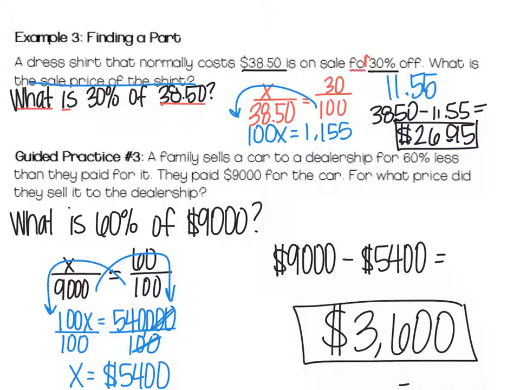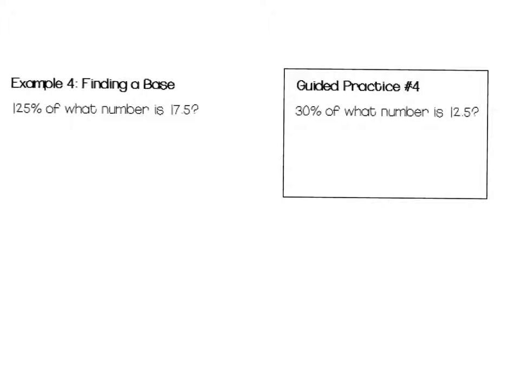All right, now let's find the base. So this is when I'm saying of what number. My of number is missing. So my proportion again is is number over of number equals percent number over 100. My is number is 17.5. My of number is missing, and my percent is 125.